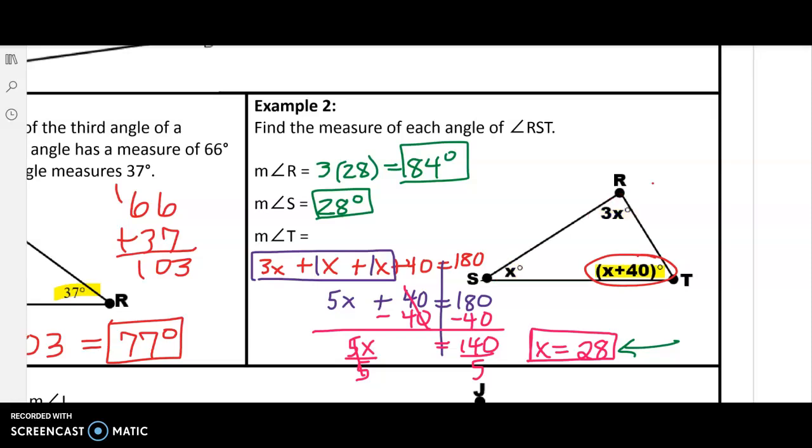Okay, and angle T is x plus 40. So we're replacing that x with 28. So it's 28 plus 40, which gives us a total of 68 degrees. Now remember, all angles should add up to 180 degrees. So take a moment to add all of those together to see if they actually equal 180 degrees.